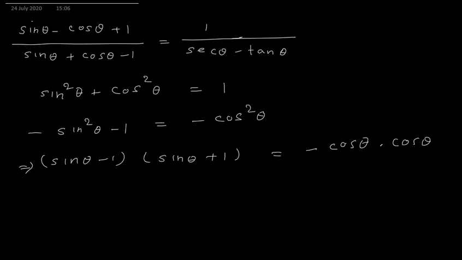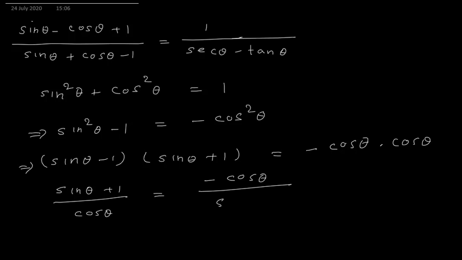I will get sin theta plus 1 upon cos theta is equal to minus cos theta upon sin theta minus 1. Now let us write this as k is equal to k. This is our first equation.